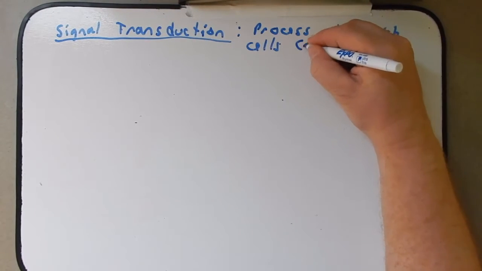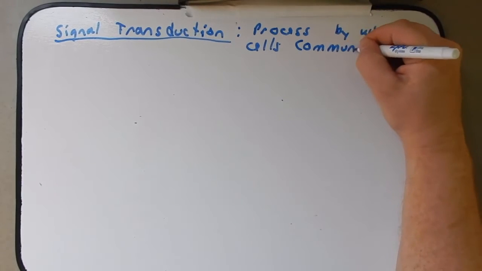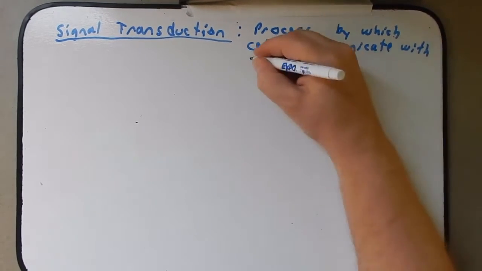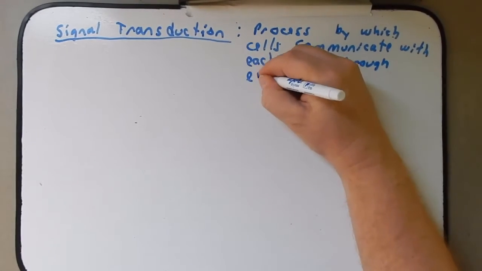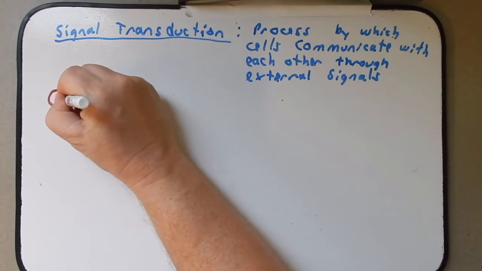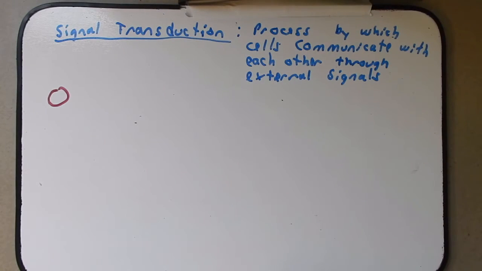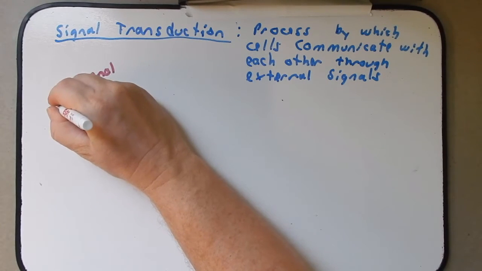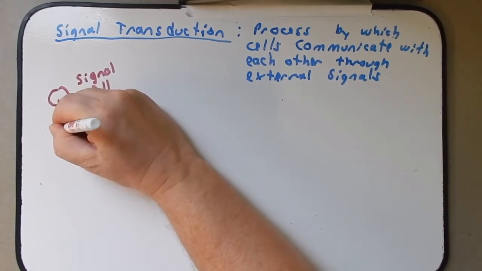And signal transduction is a process by which cells communicate with each other through external signals. And so let's label a basic pathway here. So you're going to have this signaling cell, and it's going to produce this signal.